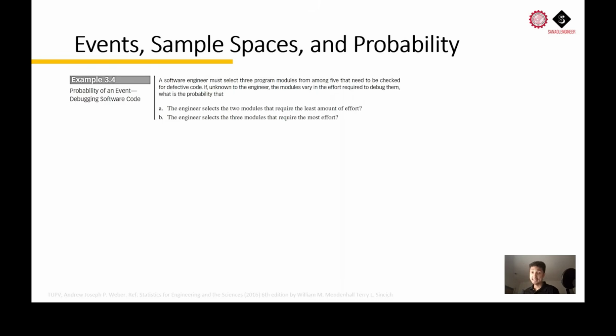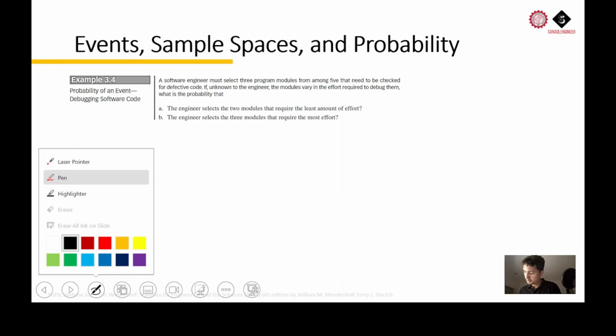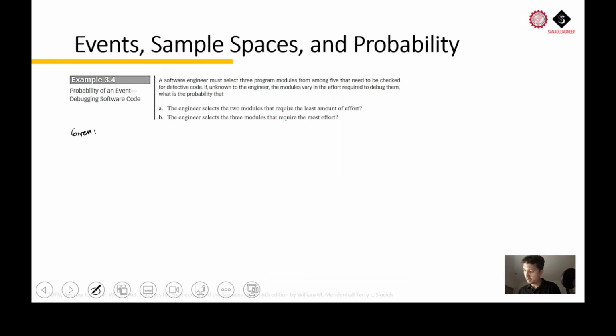First, let's define the experiment. Let's say M1 is for module 1, M2 is for module 2, and so on. M1 is the least difficult to solve or to debug, and M5 is the most difficult.